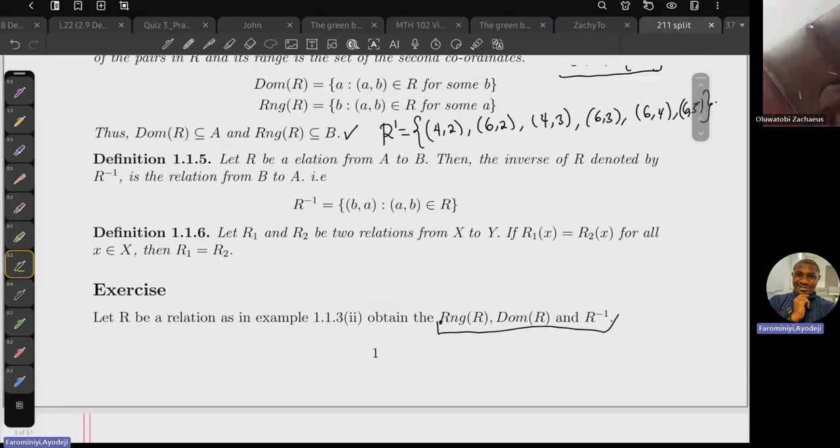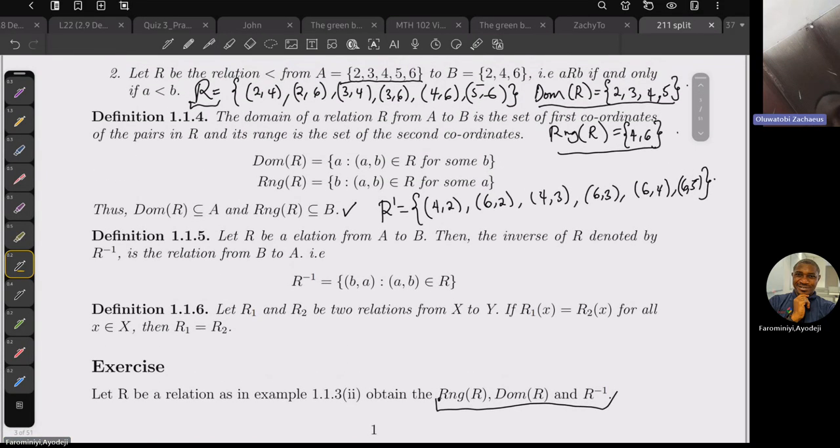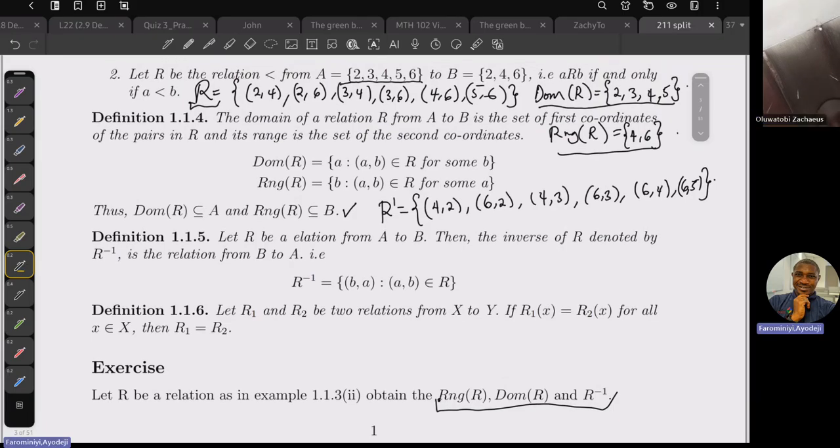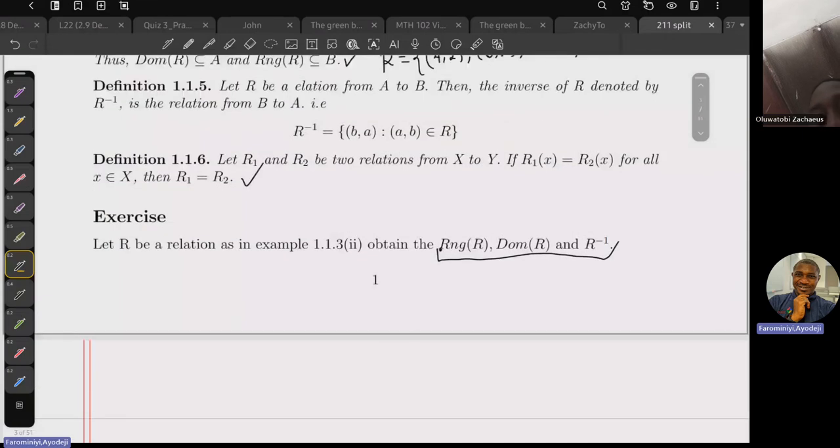And I hope you know what the meaning of image is. Yes, sir. Good. So that is clear.